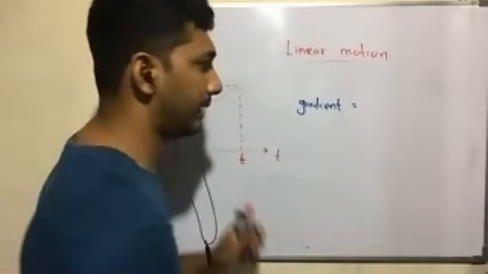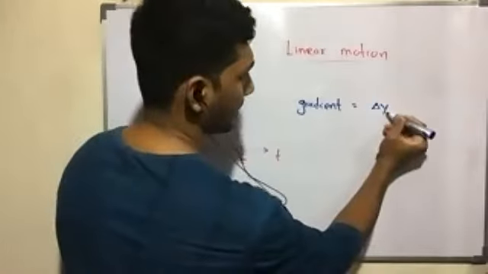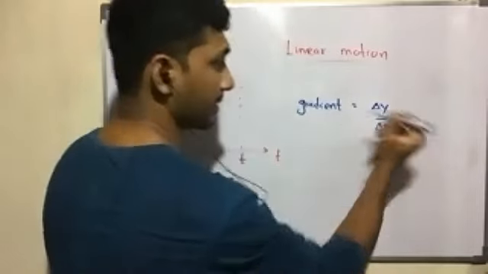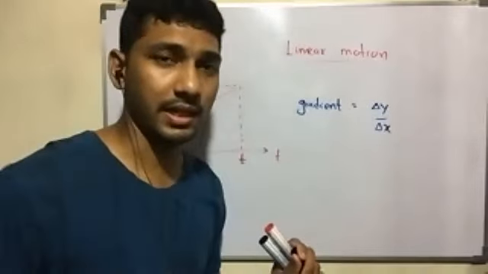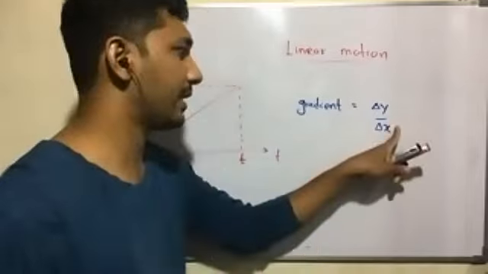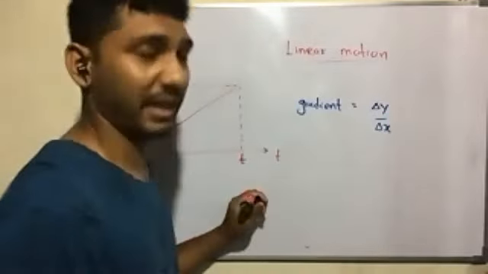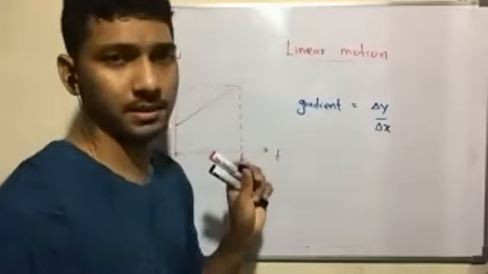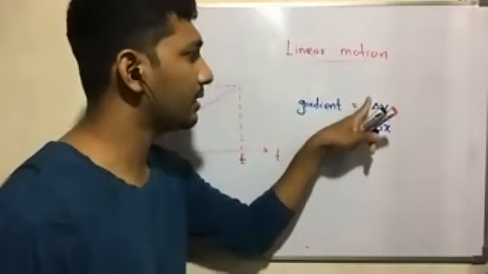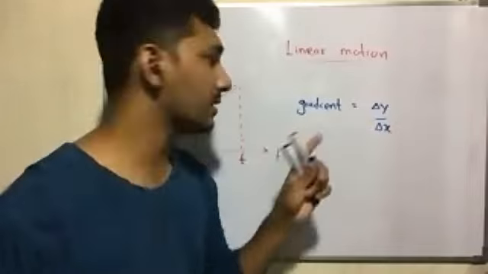Have you studied y difference over x difference? Yes, you would have studied that in secondary mathematics. So we all know that y difference over x difference is the gradient.